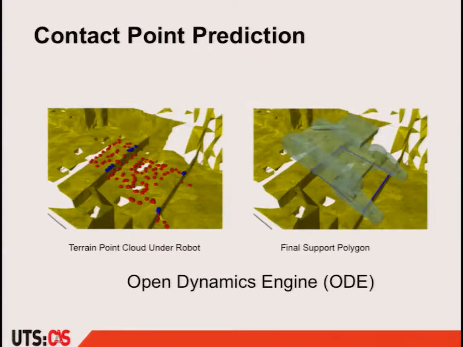So for the simulator, we use an open dynamics engine that is a physics simulation engine where the terrain is modeled as a 3D meshing for any given point cloud. This simulator will specify how the robot sits on the terrain in a given configuration. And the projection of the robot's body from the top view will give us a contact point and support polygon.